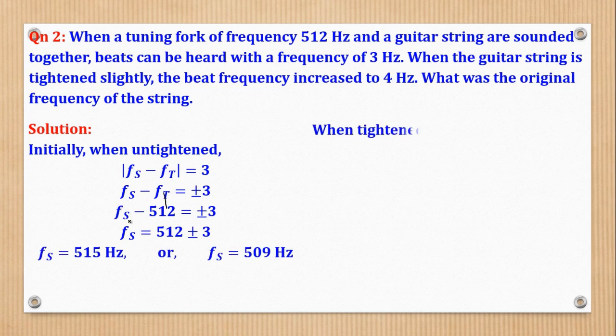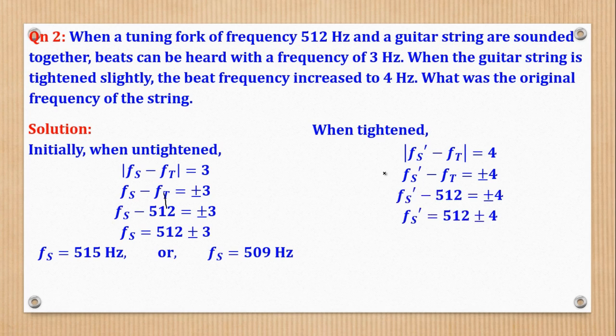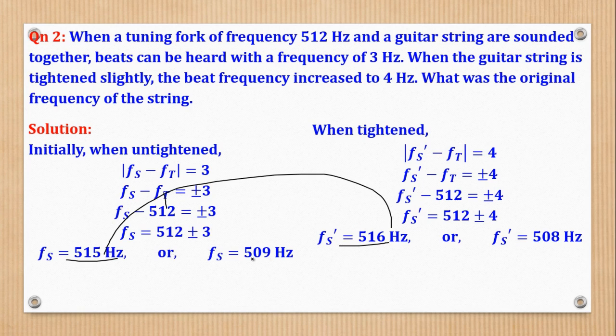Okay, then when tightened, still we shall put magnitude, remove the magnitude, substitute for Ft, and make F prime S the subject. So there are two values still of Fs. So this one corresponds with this, and this one corresponds with this.